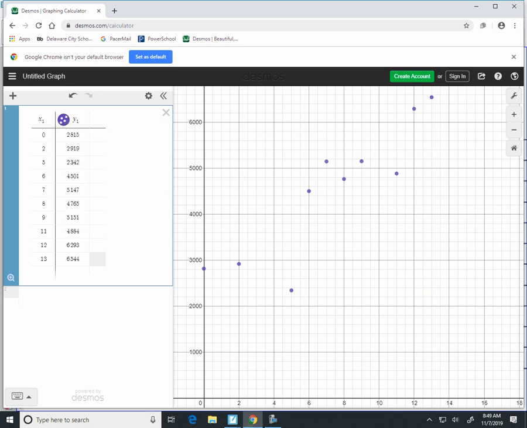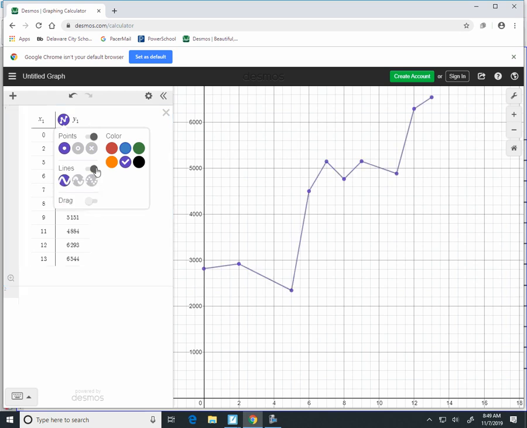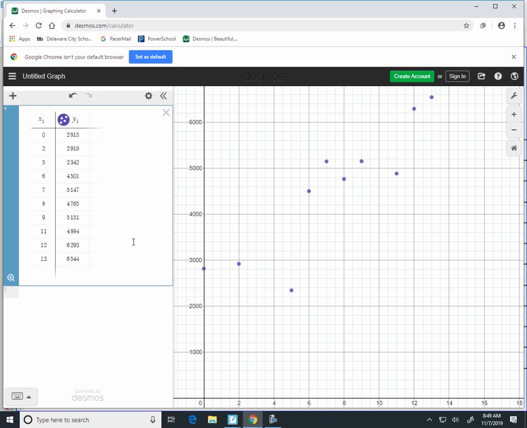That's so annoying. All right, if you have zigzags here, it's because of this. When you press this, you can do points or your lines are on. You just want to turn your lines off. All right, now we're going to do the linear regression.